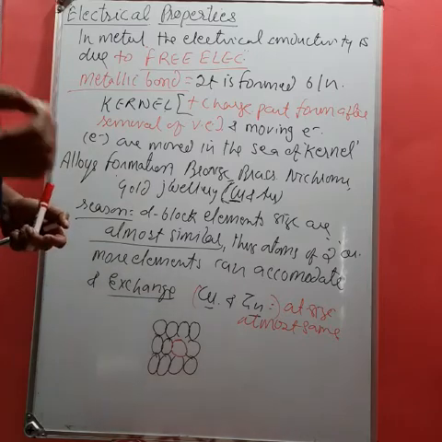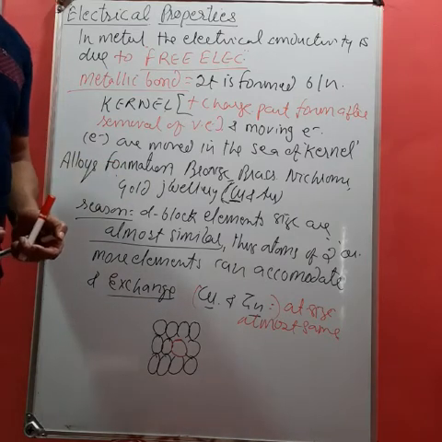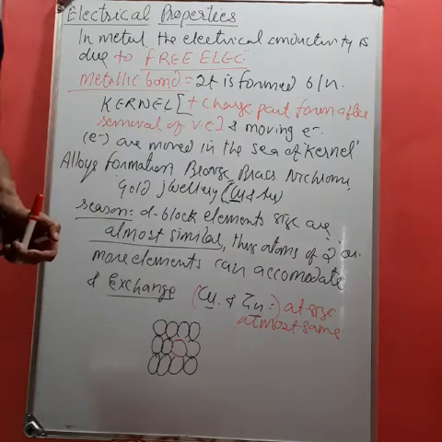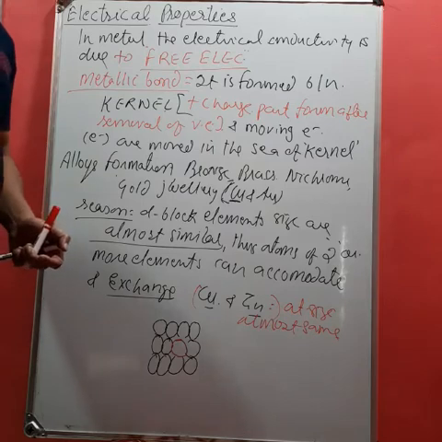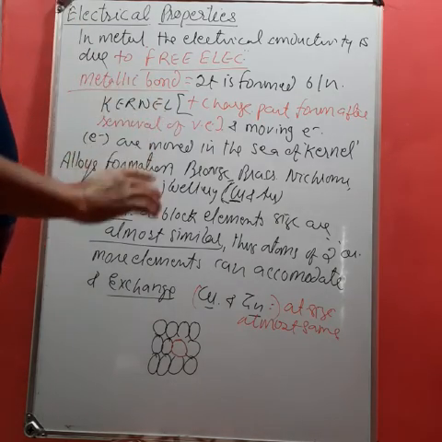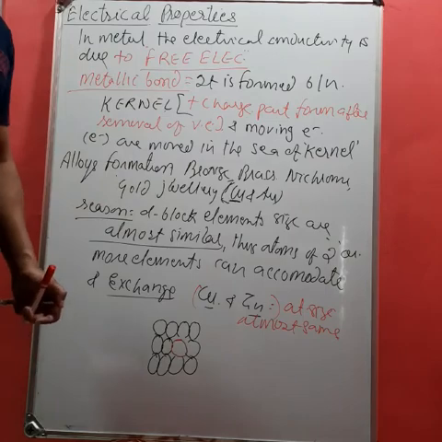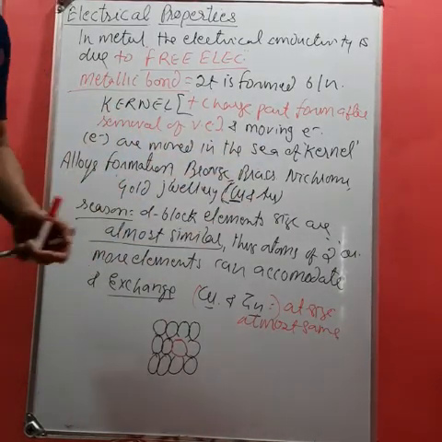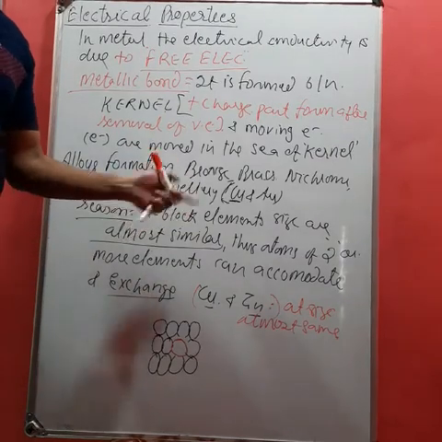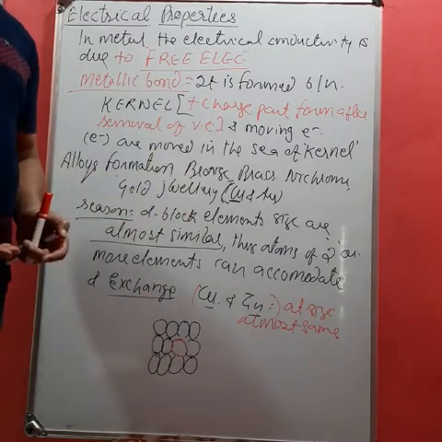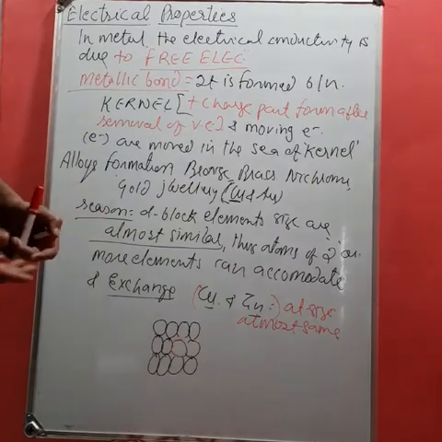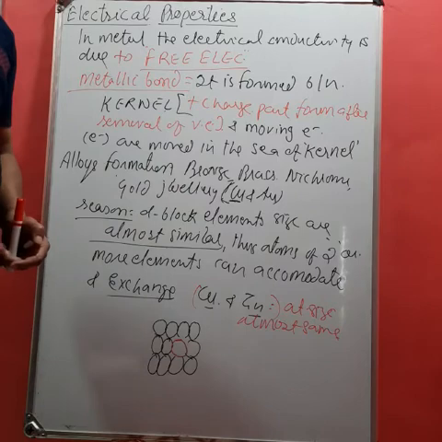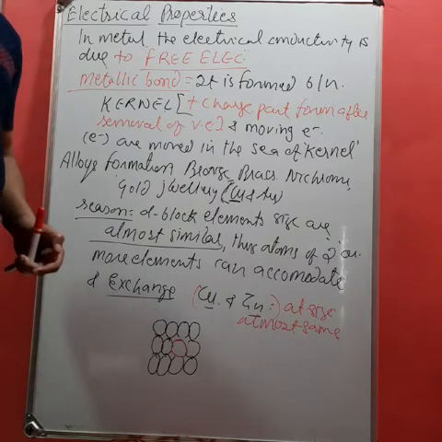It will be unable to accommodate very easily, and therefore it will show very different properties as compared to gold. The very important thing is that a particular proportion must be maintained. Like copper and zinc can form different types of alloys. Copper and tin, Sn, also form different types of alloys. Stainless steel is also an alloy of iron and some impurities of carbon.